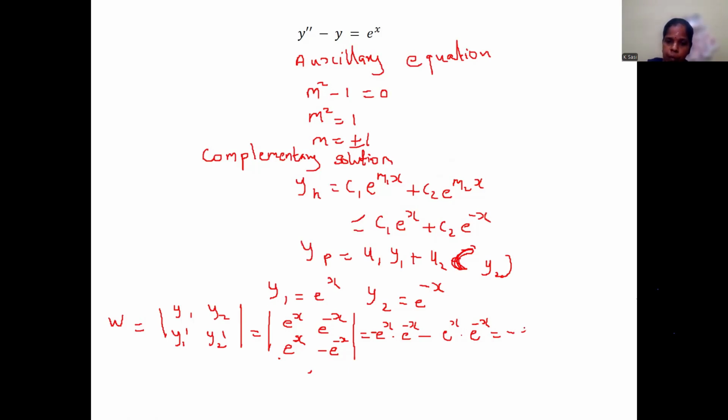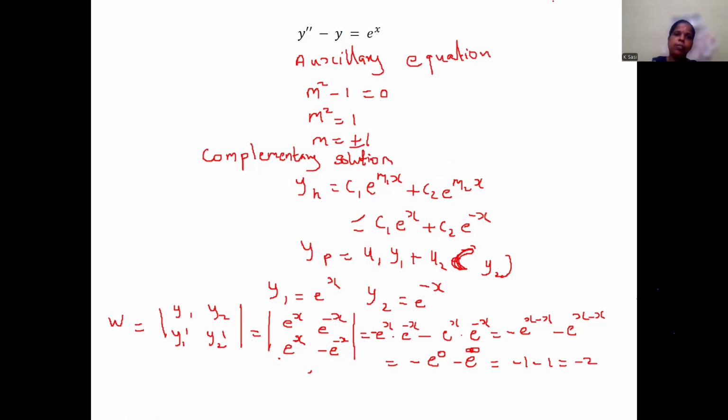So we'll have e power x minus x minus e power x minus x. So the value is e power 0 minus e power 0. Sorry, we'll have e power 0 and its value is 1. So we'll have minus 1 minus 1. You can add the terms, you get minus 2. So what we have found?